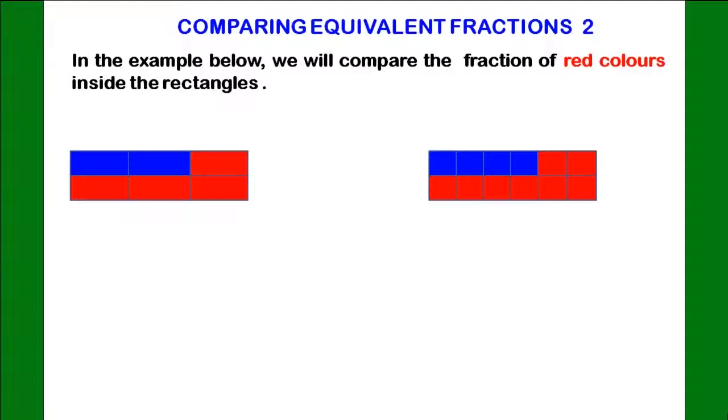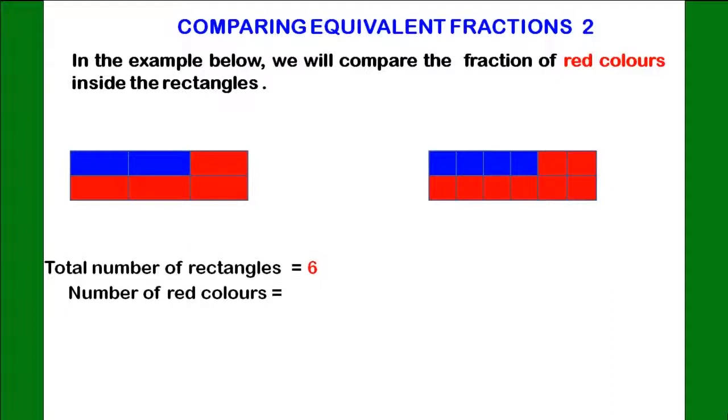The first rectangle is divided into 6 equal parts. This represents the whole and it is the denominator. 4 parts are colored red, so 4 is the numerator.